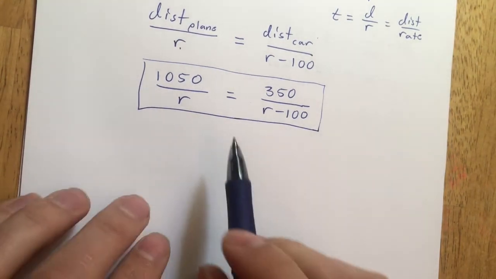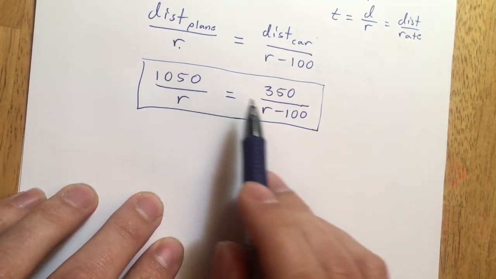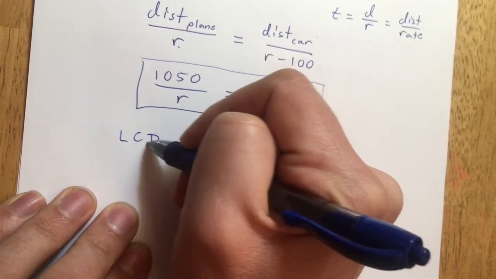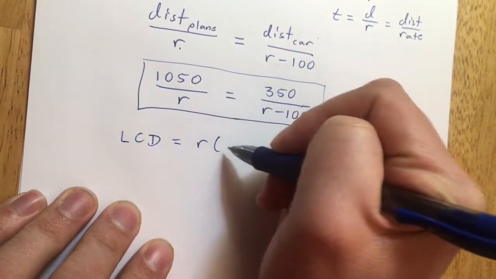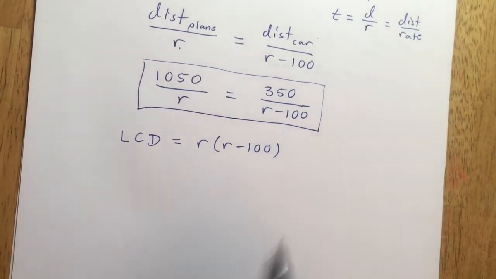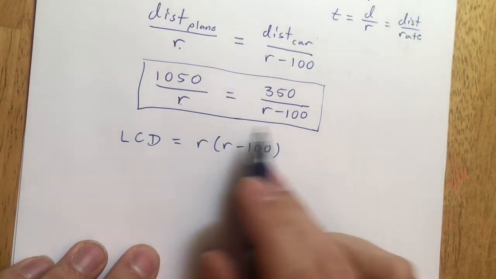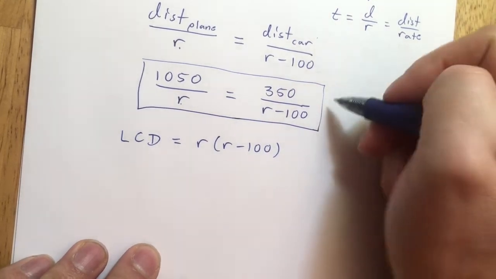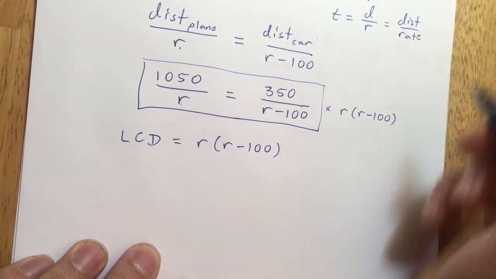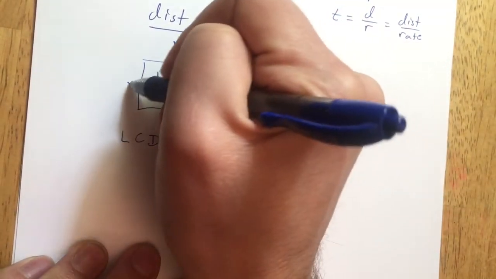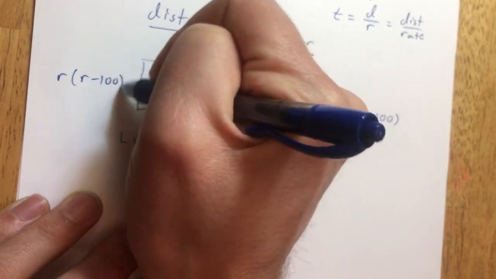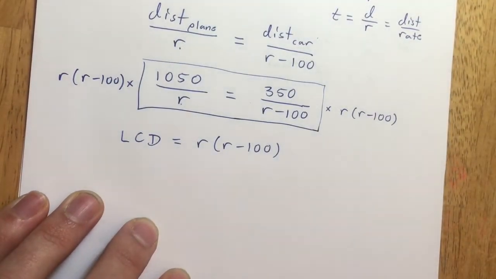So we need to find something that's divisible by r and divisible by r minus 100. So the LCD is going to be r times r minus 100. That's the simplest thing that's divisible by both. So I'm going to multiply both sides by that quantity, on the right and also on the left.